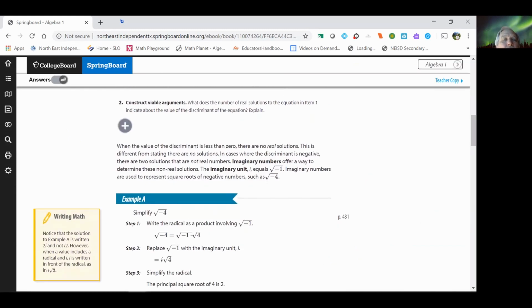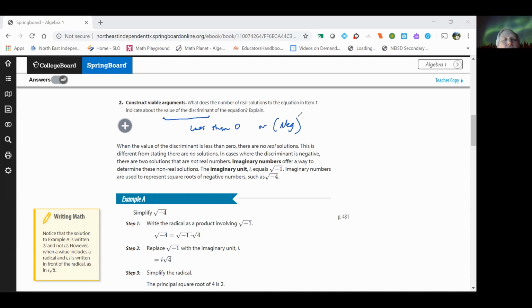Item 2, construct viable arguments. What does the number of real solutions to the equation in item 1 indicate about the value of the discriminant of the equation? Explain. The value of the discriminant is less than 0, or negative.